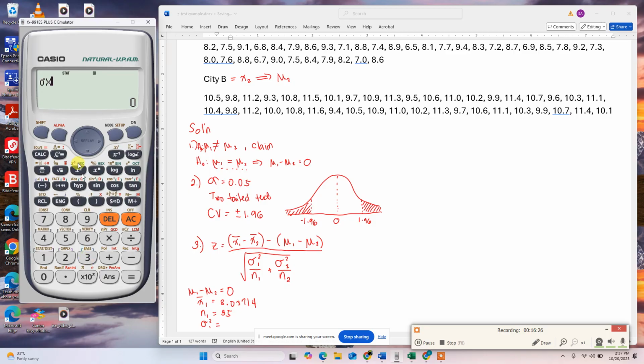Now, this is the standard deviation, but what we are going to look for is the variance. So next you click the x squared and then equals. Still, we're going to look for 5 digits. So you have 0.62862.